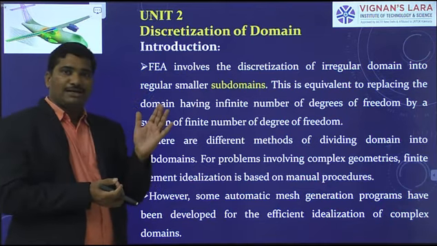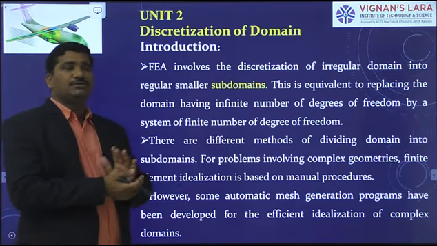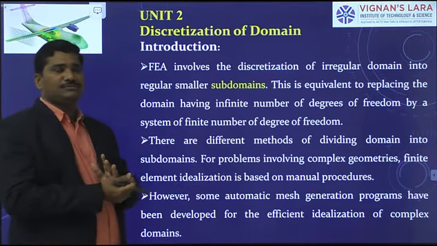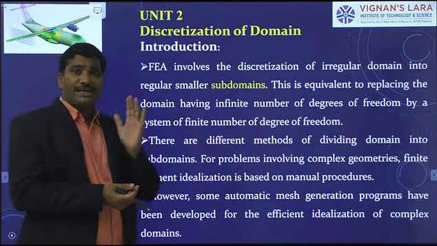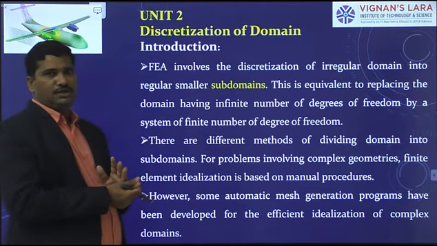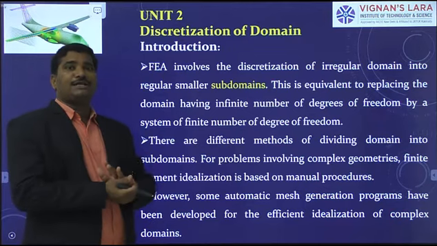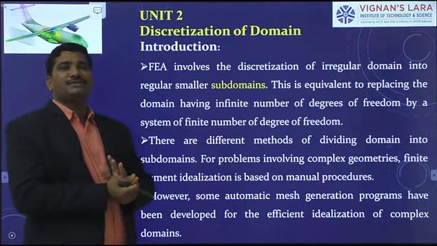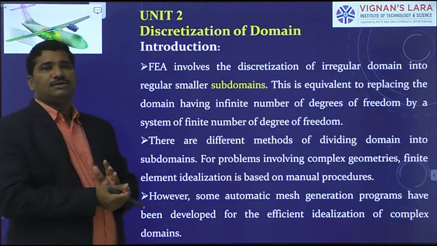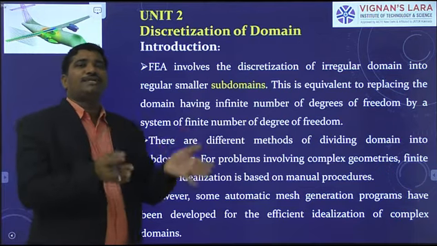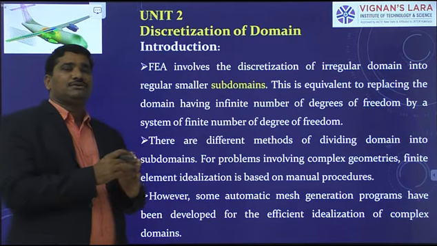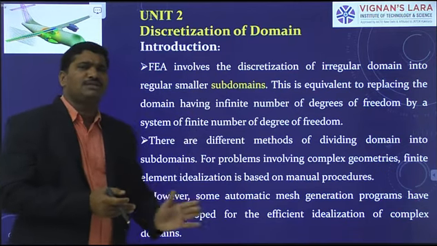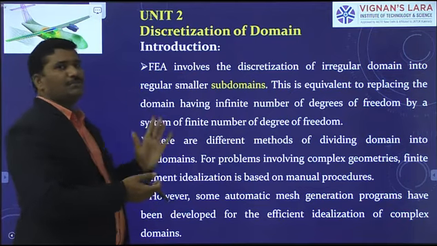Next, element numbering, node numbering, shape functions, preparing element properties, then preparing global properties, then applying boundary conditions, then solving the obtained set of equations for the solution. All these we learn in unit number 2.